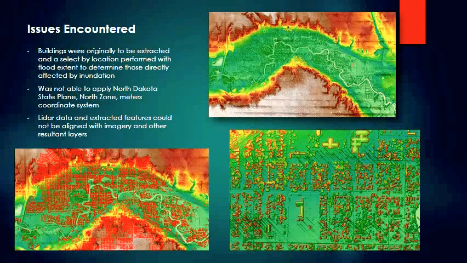However, none of the methods that I tried seemed to work, and I was unable to get the data to align with all the Landsat, NAIP, and GOI imagery and resultant layers. So therefore, the buildings that were impacted could not be identified.